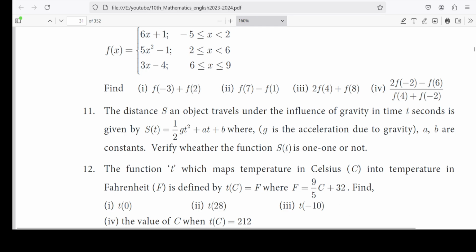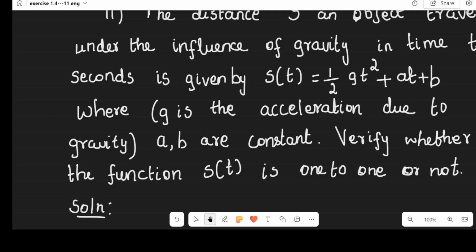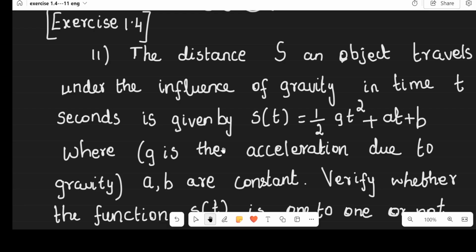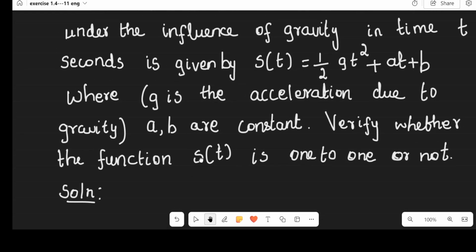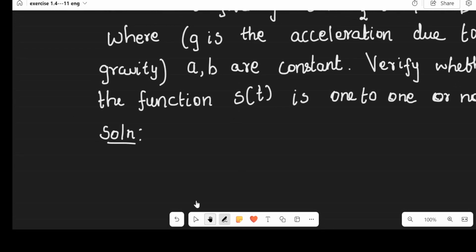Okay, now we can see the solution. This solution is very simple. Here I have written the question. Now for the solution we have to write the given data. What is given? S of t, that is the distance, right?